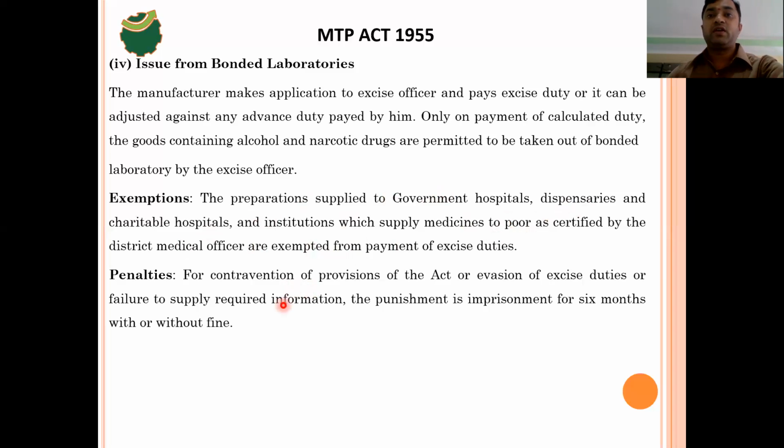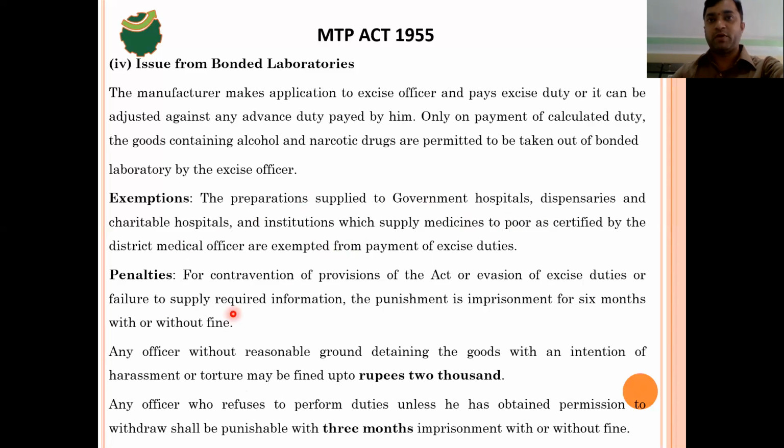Penalties, if we are not following the provisions of the Act or excise duty: failure to supply required information is punishable with imprisonment for 6 months with or without fine. That depends upon the excise officer. An officer who, without reasonable ground, detains the goods with an intention of harassment or torture may be fined up to rupees 2,000.